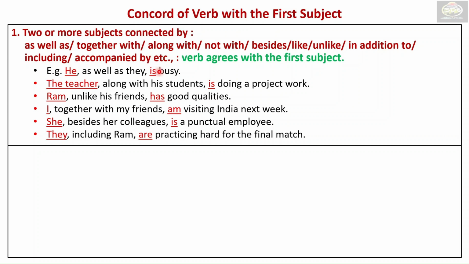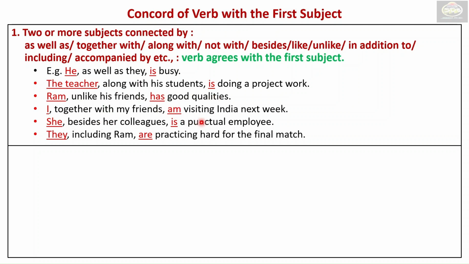He is busy. The teacher along with his students is doing a project work. It means the teacher is doing a project work. This is extra information. The teacher is doing a project work along with his students. Ram, unlike his friends, has good qualities. Ram has good qualities.